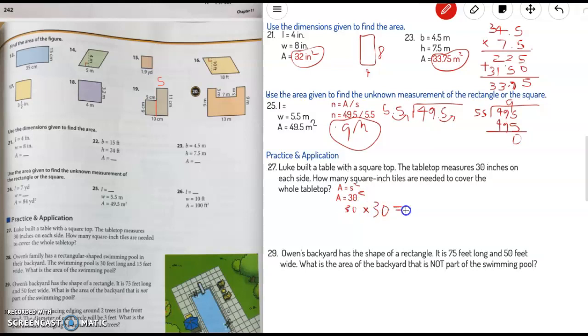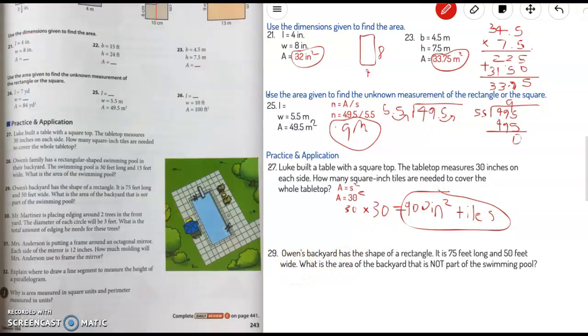Just do 3 times 3, which is 9, and then add the 2 zeros, and that gives us 900 inches squared. Oops. That too was trying to run away from this page. 900 inches squared tiles. That's our final answer.